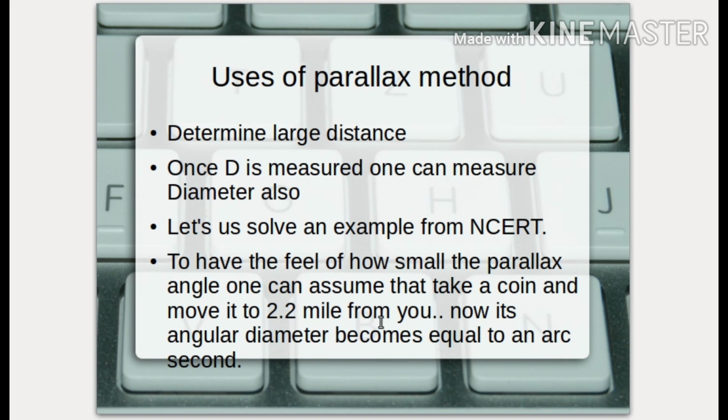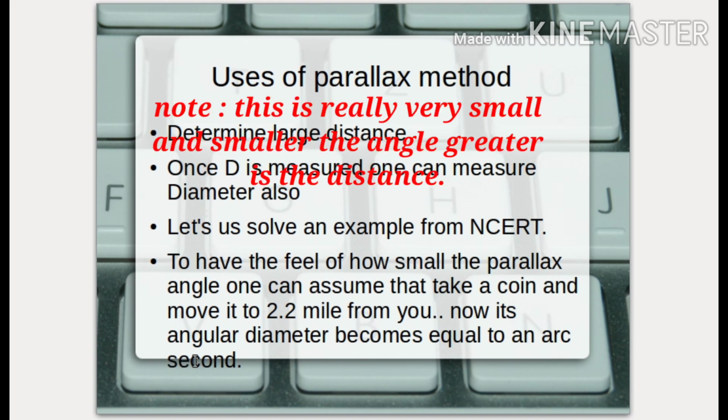Now when you look at the coin from 2.2 miles, its diameter will look like an arc second. Understand? Very small, and this diameter is known as angular diameter.